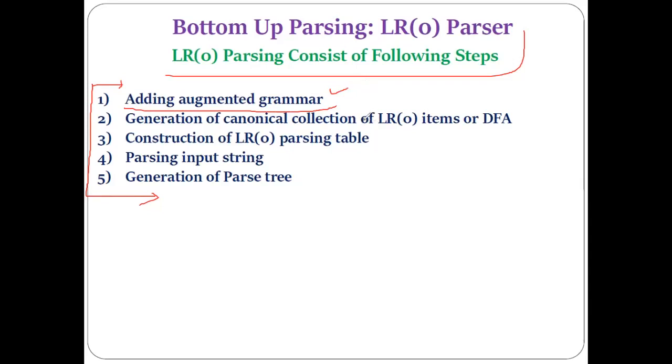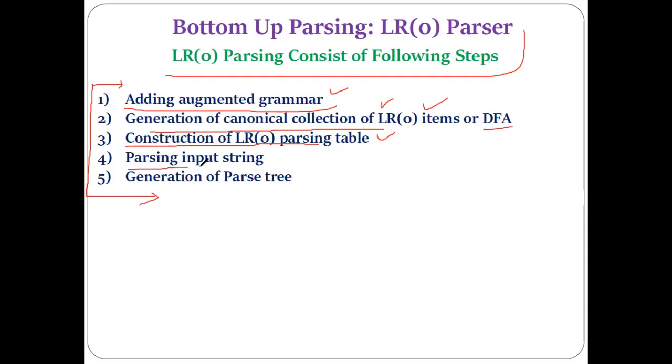Now, the second thing, after generation of the augmented grammar, is generation of the canonical collection of LR0 items, or generation of the DFA. The third important step is construction of the LR0 parsing table.